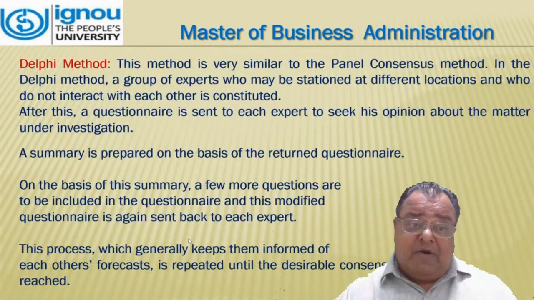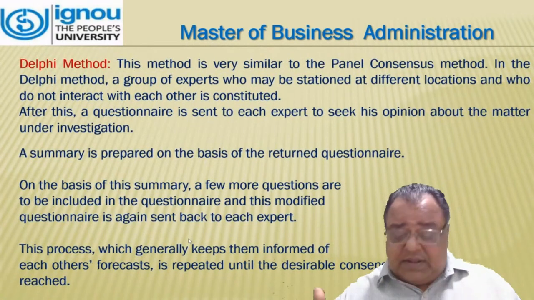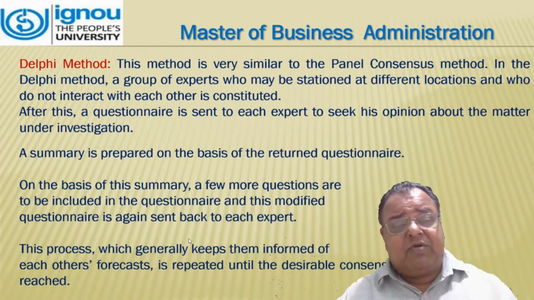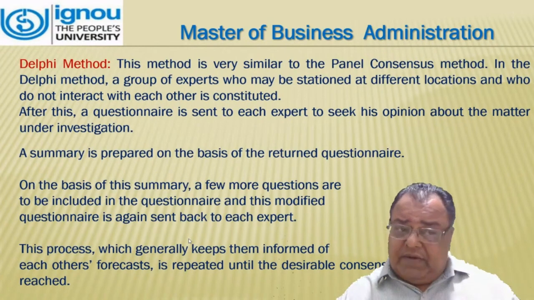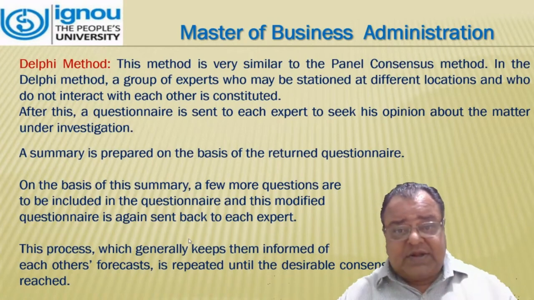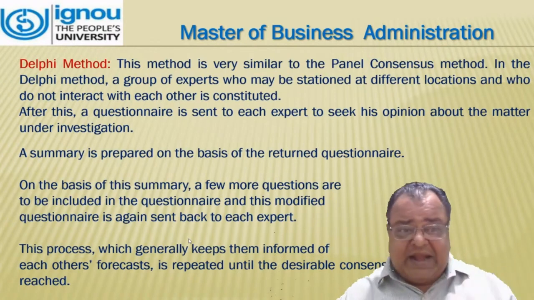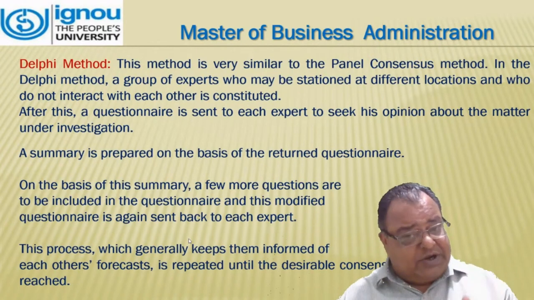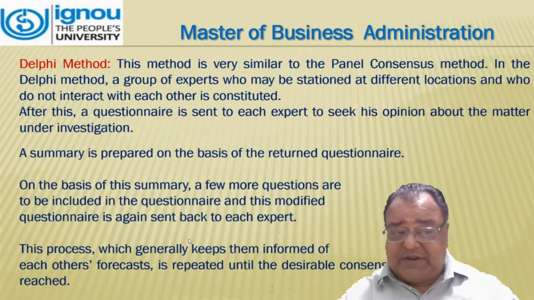Then comes the most important, what people in industries are using, that is the Delphi method. This method is very similar to the panel consensus method. In the Delphi method, a group of experts who may be stationed at different locations and who do not interact with each other is constituted. After this, a questionnaire is sent to each expert to seek his opinion about the matter under investigation.